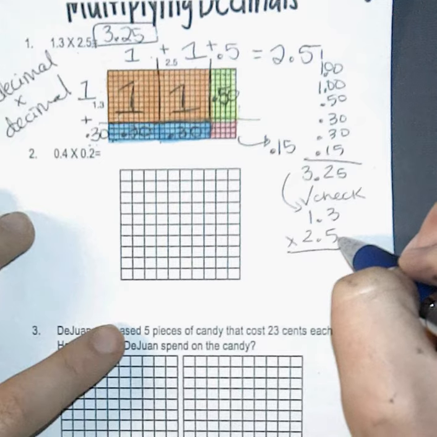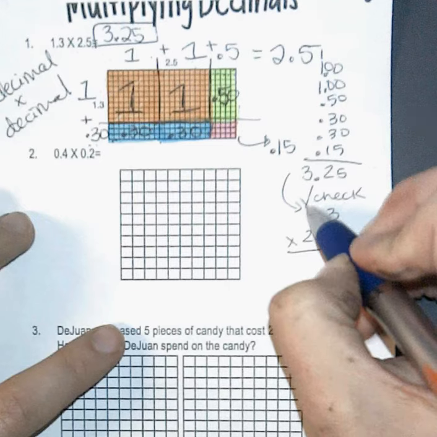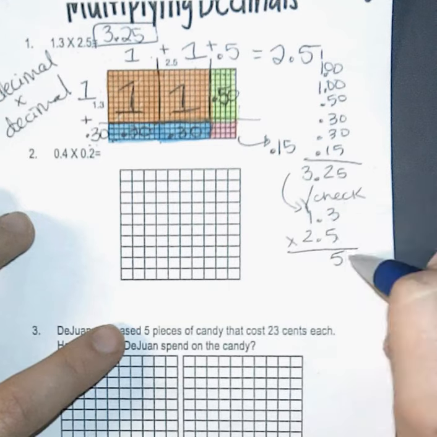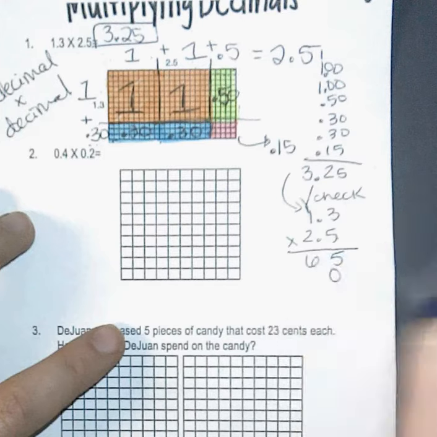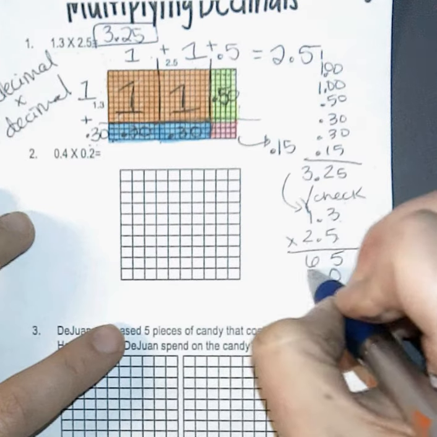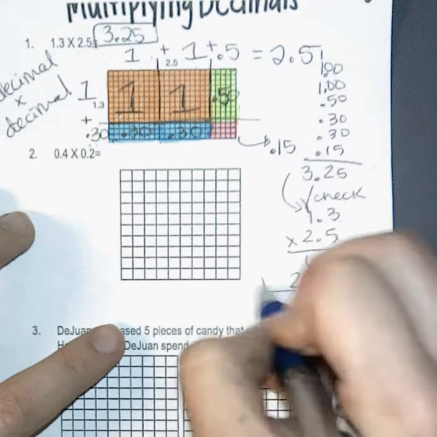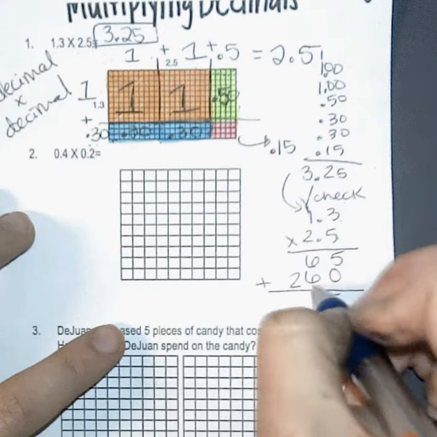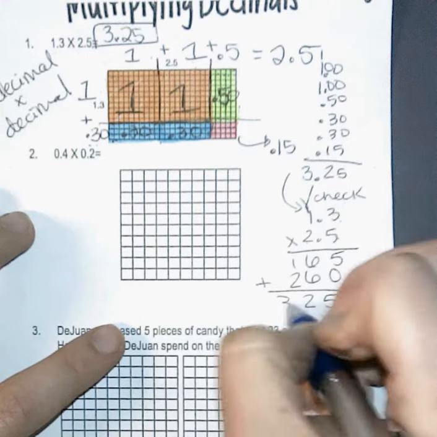We multiply first and then deal with the decimal. 5 times 3 is 15. Add my 1 at the top. 5 times 1 is 5. Plus 1 is 6. Add my 0. 2 times 3 is 6. 2 times 1 is 2. Add them up. 5. 6 plus 6 is 12. And 2 plus 1 is 3.